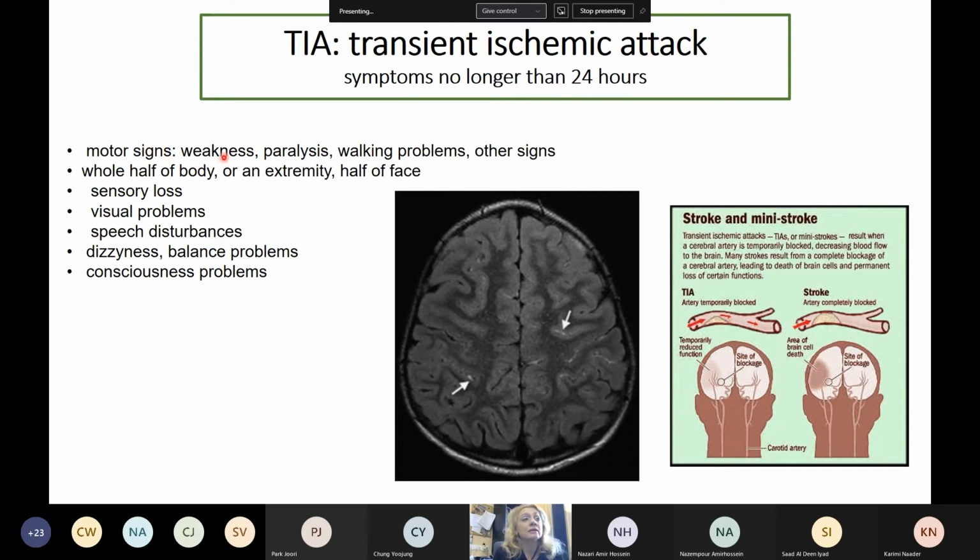Motor signs, weakness, half of the body or just part of the body paralyzed, sensory loss, visual problems, speech problems, dizziness, balance problems, consciousness problems, anything depending on the location. And people who have risk factors can have these attacks coming back several times, and there is a high risk that they get a big stroke after several of these smaller attacks.